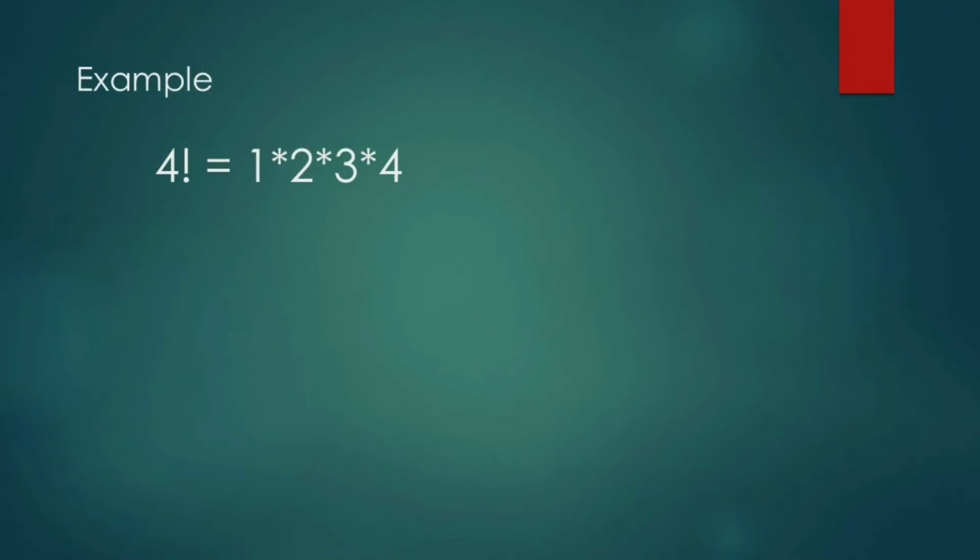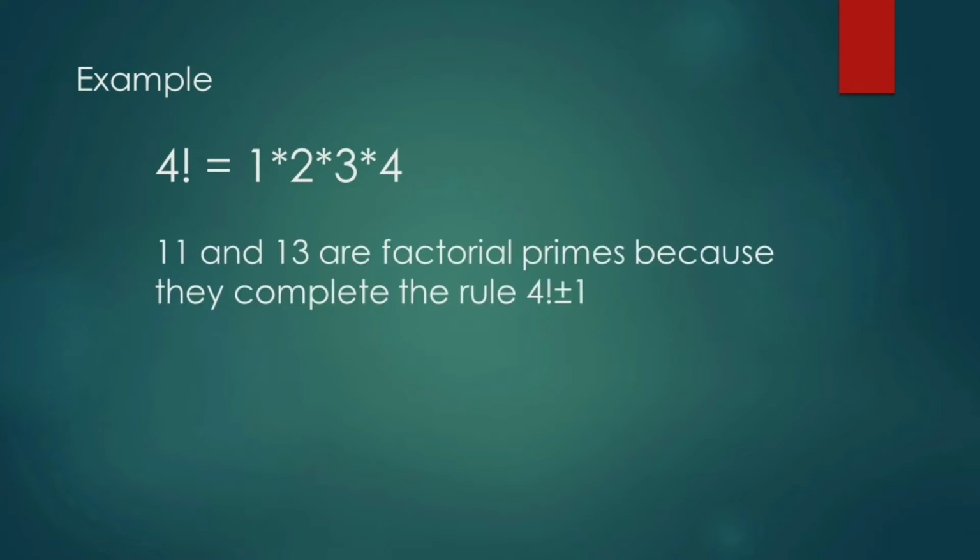Example, 4 factorial is equal to 1 times 2 times 3 times 4. Both 11 and 13 are factorial primes because they fulfill the rule 4 factorial plus or minus 1.